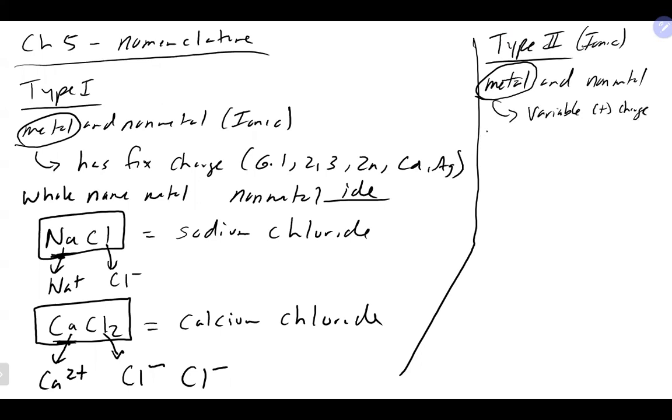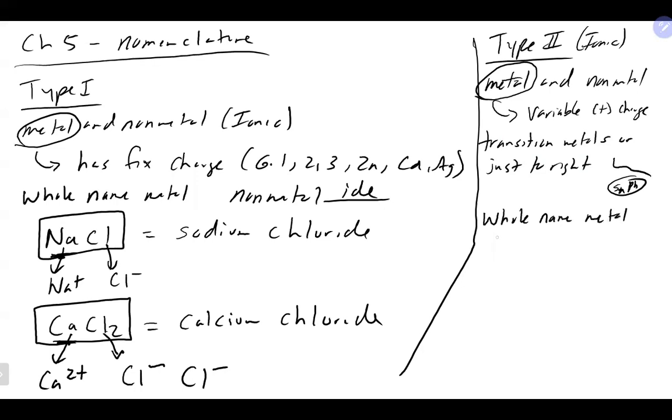And those are going to be mainly our transition metals, just to the right, underneath the staircase. Things like tin and lead and those guys, which are kind of under that staircase on the periodic table. Because it could have variable charges, we basically use the whole name of the metal, just like we did before.